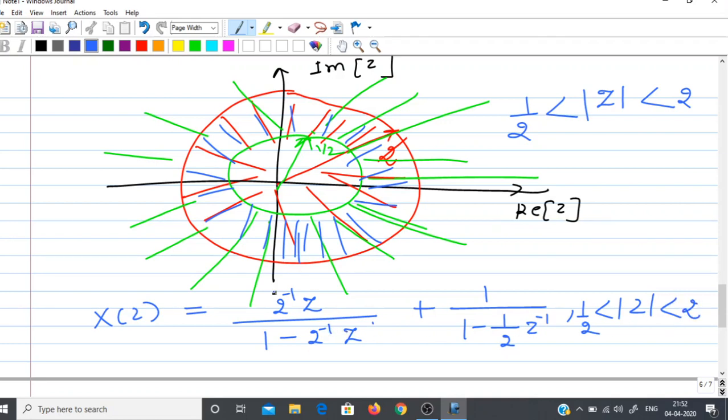Now, one thing: here the expression is in Z, whereas here the expression is in Z inverse.